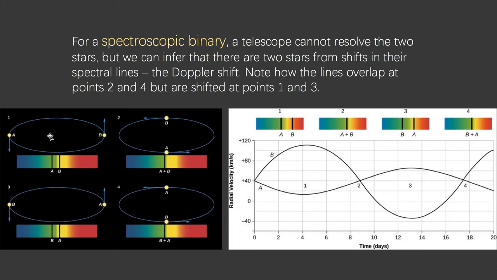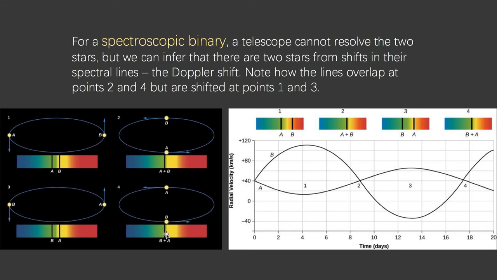So if you have a system like this and you take a look at its spectra over time, what you'll see is the spectral lines shifting or drifting one way or the other. So if you just look at what happens to the spectral line for A, it's into the green, then it moves back to yellow, it goes deeper into yellow, and then it moves back to green.